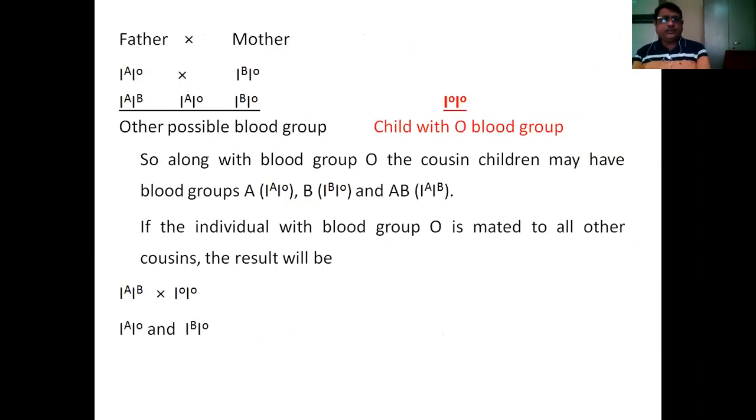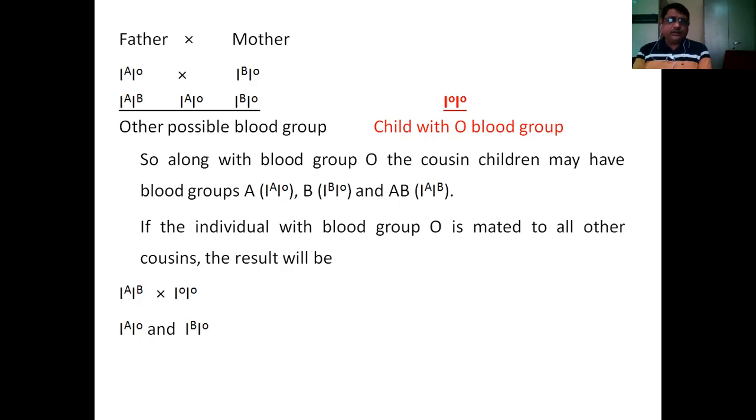Suppose the father has blood group A and his genotype is IAIO, while the mother has blood group B and genotype IBIO. Now, either you take IO or you take small i, these both are the same thing. So IAIO indicates the genotype of the father and IBIO indicates the genotype of the mother.